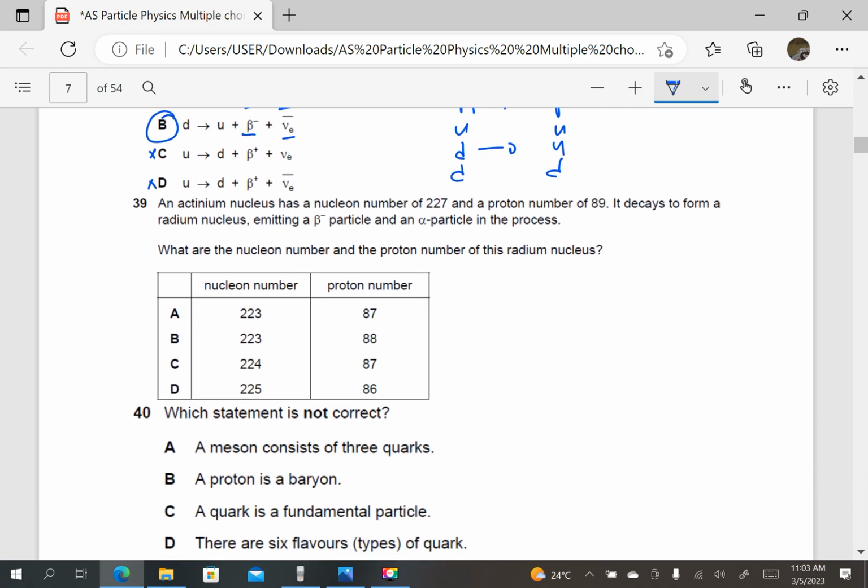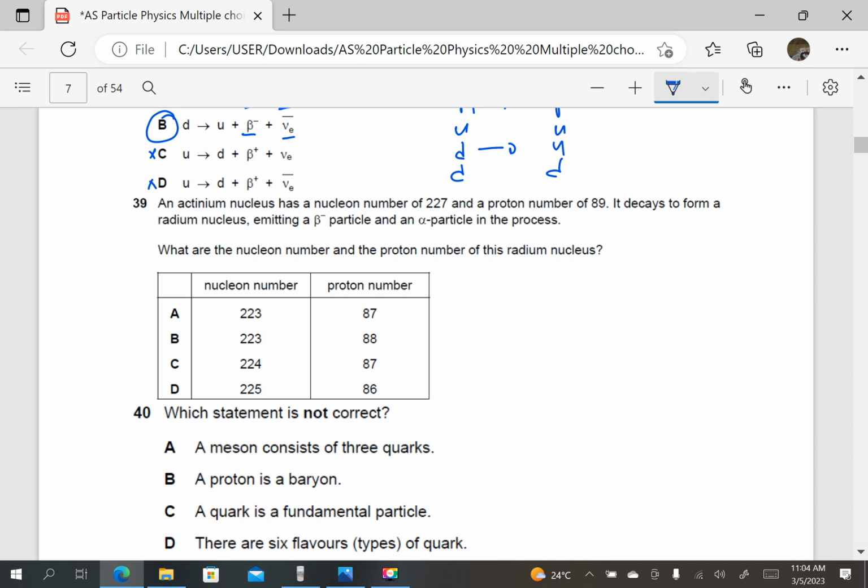An actinium nucleus has nucleon number 227 and proton number 89. It decays to form a radium nucleus, emitting a beta minus particle and an alpha particle in the process. What are the nucleon number and proton number of this radium nucleus?